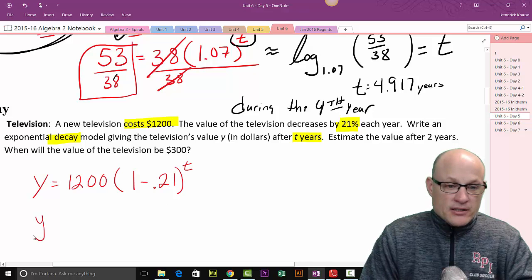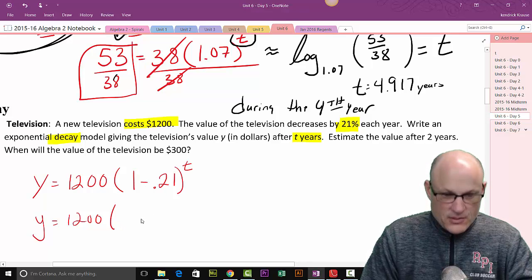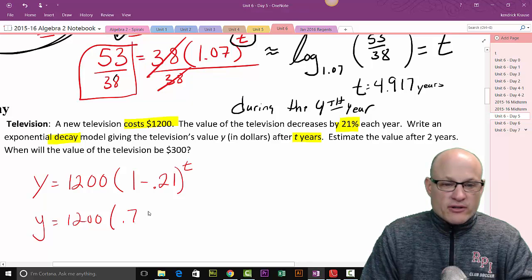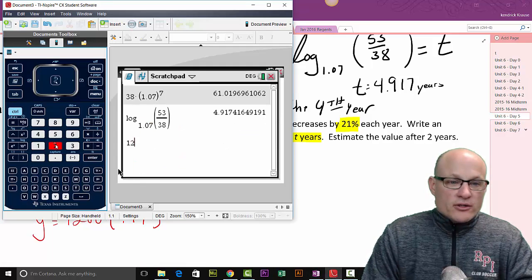So we do y equals 1,200. Now, you can put in 1 minus 0.21 if you want, or you can just do 0.79 to the t. It doesn't matter. It'd be the same thing. So let's see what that is. 1,200, parentheses, 0.79, and they said to the second power, right?